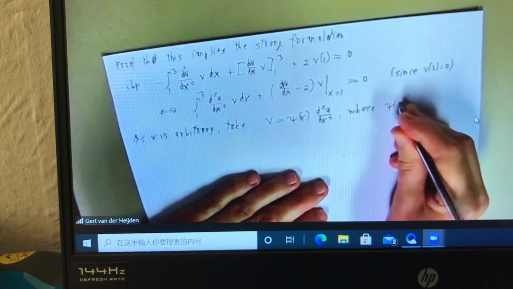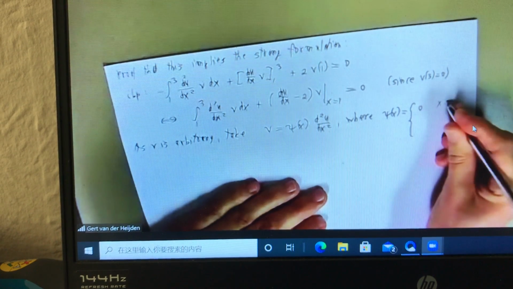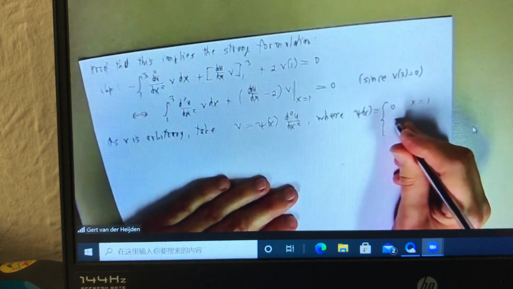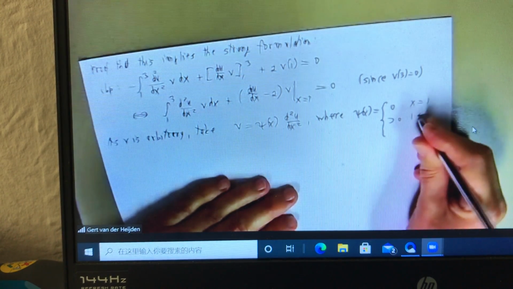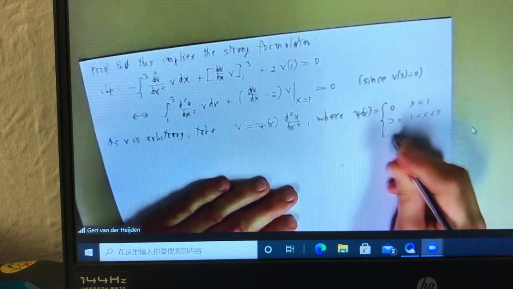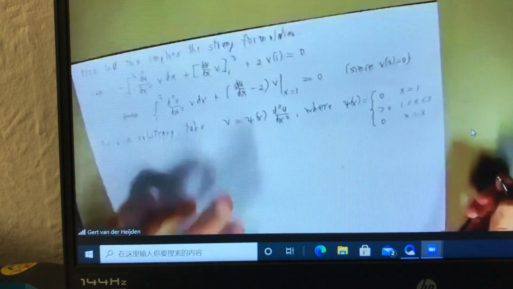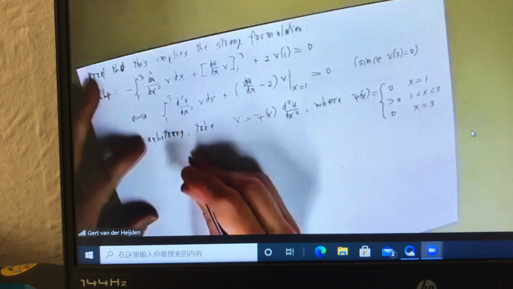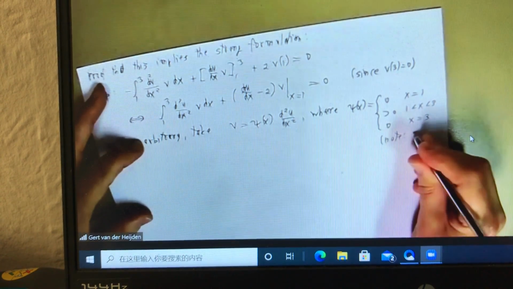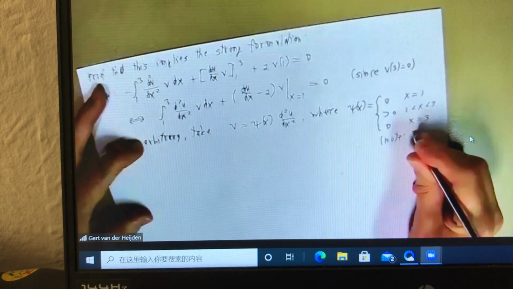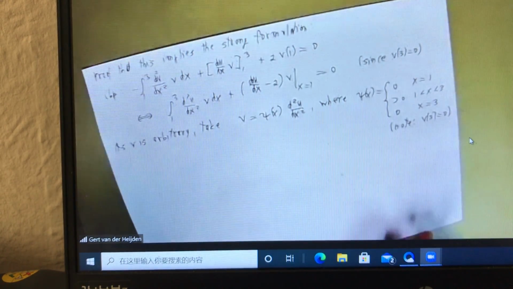It's psi of x equals 0 at x equals 1, positive in the interior domain from 1 to 3, and 0 again at x equals 3, as it must be, because v must satisfy the condition v(3) equals 0, as we can choose according to the weak formulation rule.